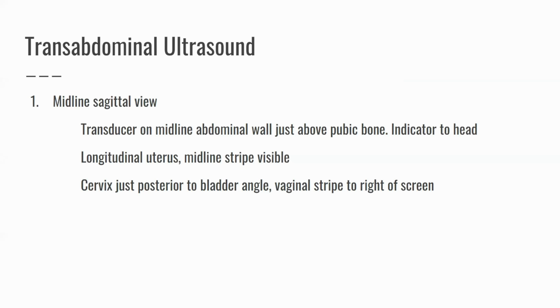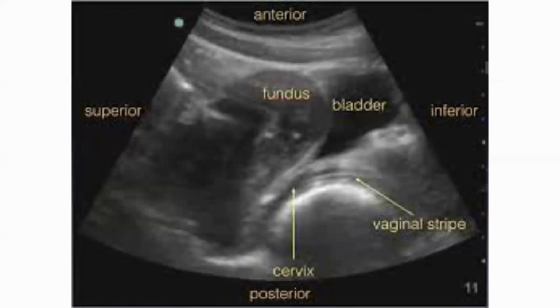And then we'll see the cervix that's just posterior to that angle of the bladder. And then you'll actually see the vaginal stripe to the right of the screen, or more caudal. So here's an image of what that looks like. Anterior is at the top of the screen, posterior at the bottom, superior, of course, where the indicator is, towards the head, and then the feet are down here.